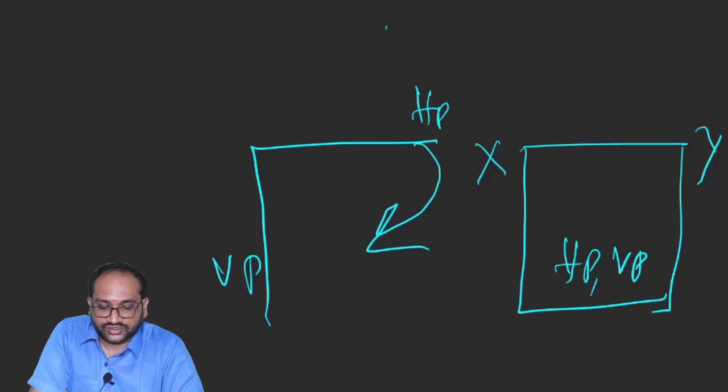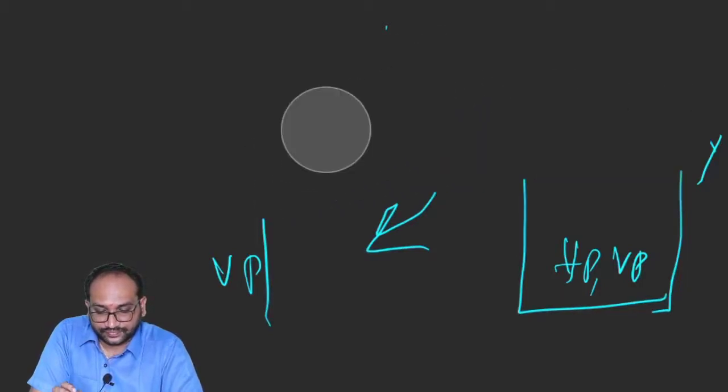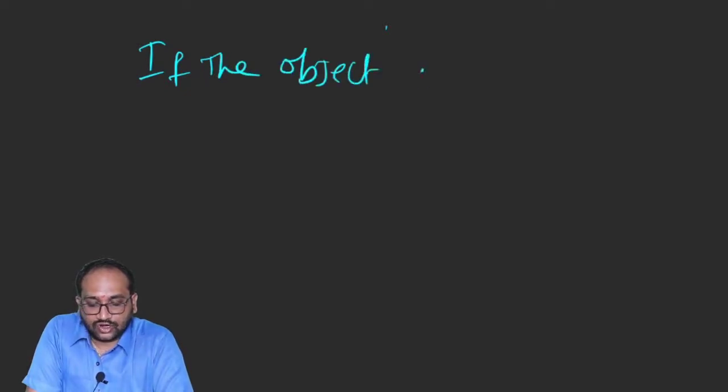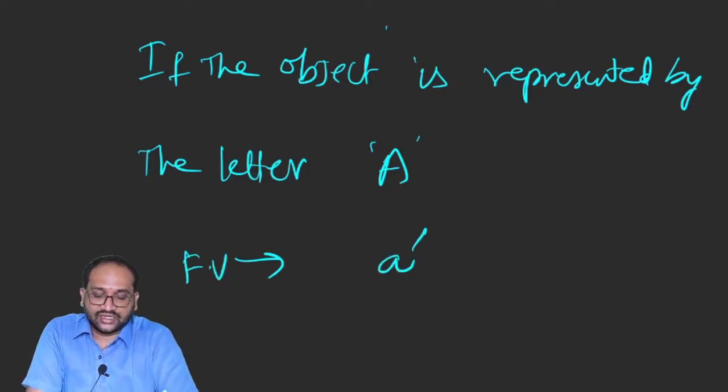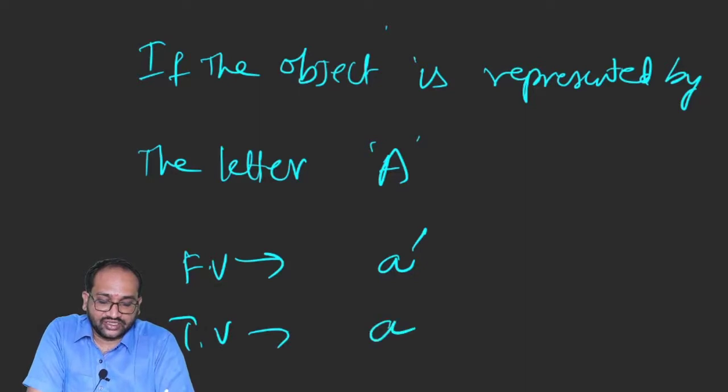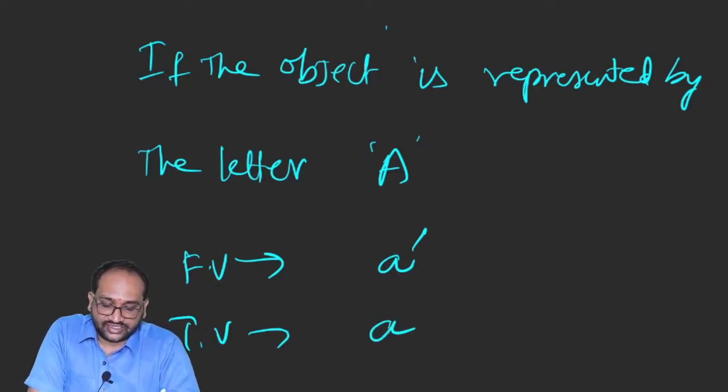Next, standard notations. If the object is represented by the letter A, its front view is represented as a small a with dash, top view is represented as a small a without dash, and side view is represented as a small a with double dash.